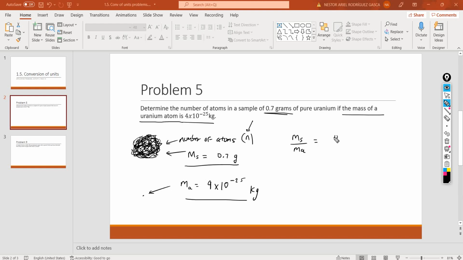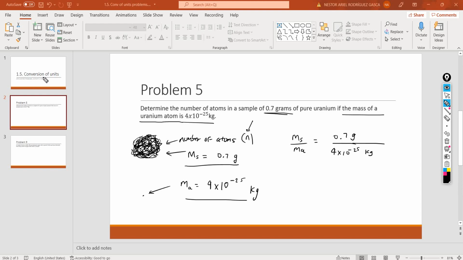which is equal to 0.7 grams over 4 times 10 to the minus 25 kilograms. But don't make the mistake, guys, of doing this operation directly, because you're having different units, grams and kilograms, and you cannot do arithmetic operations if you have distinct units.